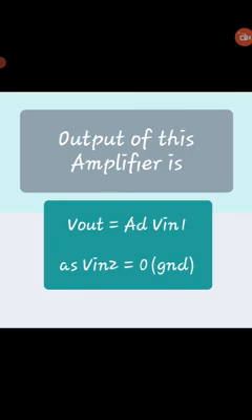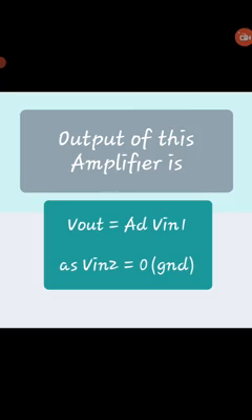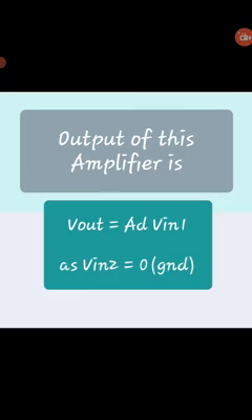In that equation, Vout is the output voltage, AD is the gain of the differential amplifier, and it is RC upon RE. Vin1 is the inverting input and Vin2 is the non-inverting input.